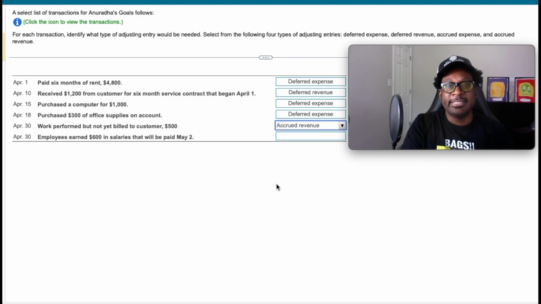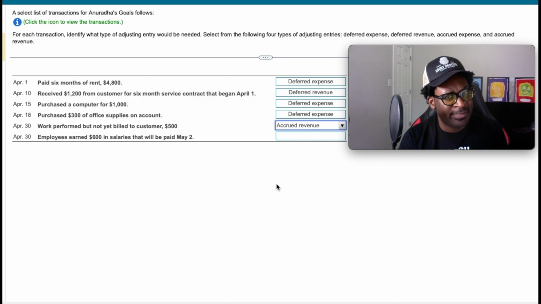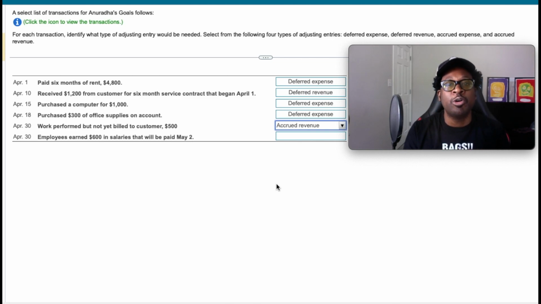And last but not least, gang, employees earn $600 in salaries that will be paid in May. We are now in April. Keywords: salaries paid in May. So what example is this? We know at this level, salaries is an expense, and this expense has happened, which means we must record it.